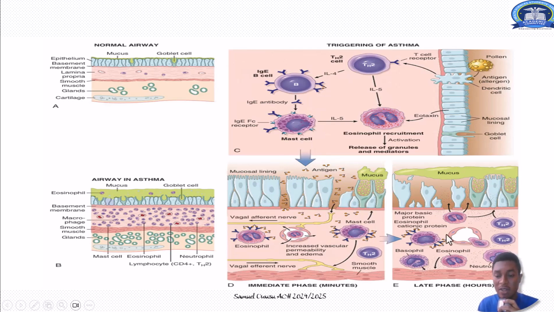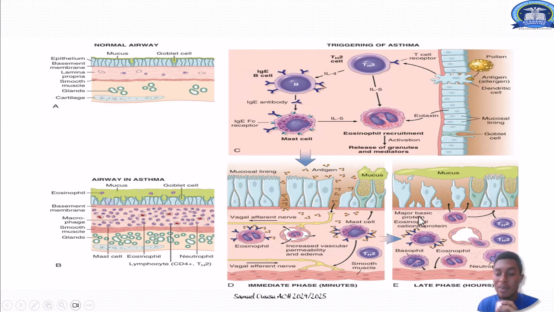Now, in the late phase, these leukotrienes and histamines lead to the recruitment of eosinophils. Once these eosinophils are recruited, they produce their major weapon, which is the major basic protein.